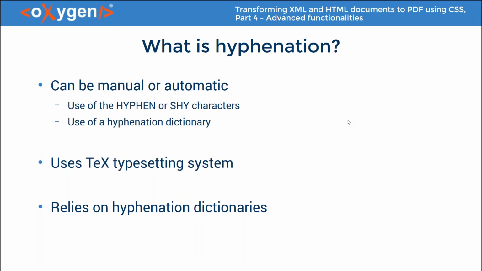The second one, the automatic one, is based on what is called a hyphenation dictionary, which is a file containing a lot of rules for a lot of words for a given language. And I will detail them on the next slides.